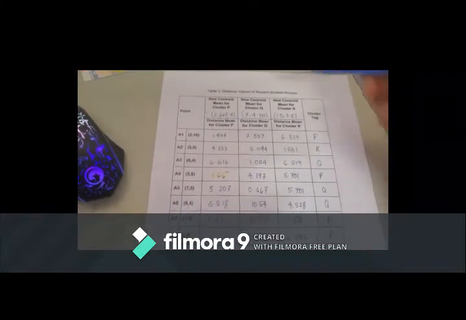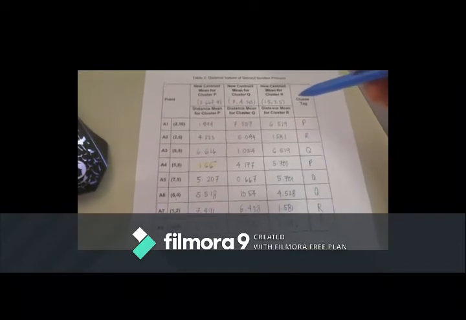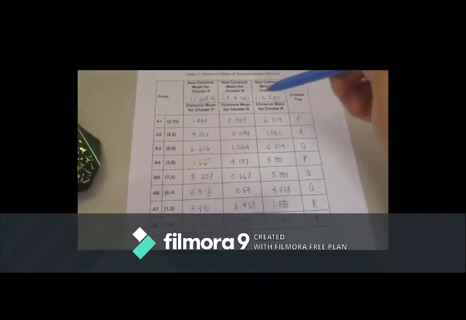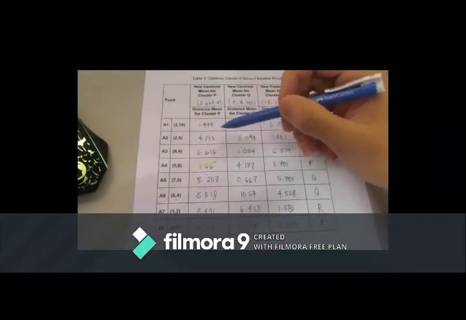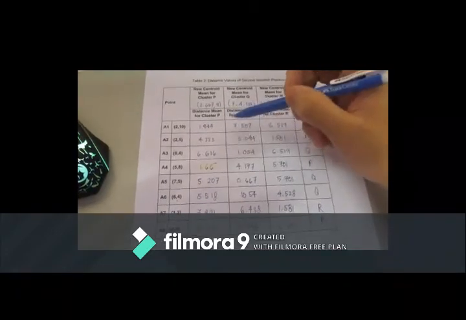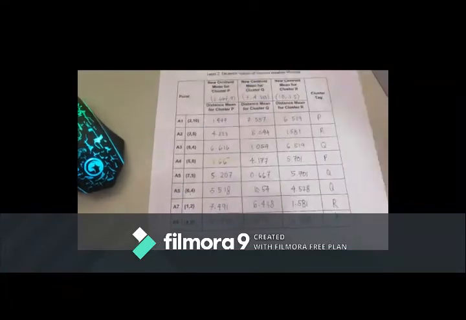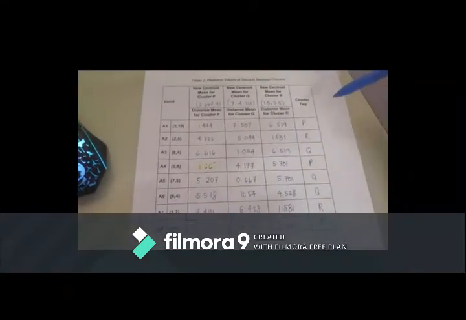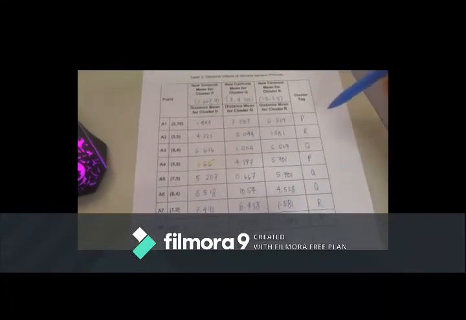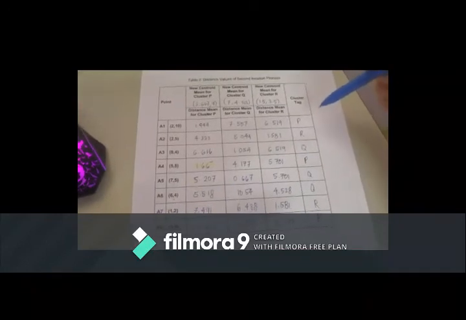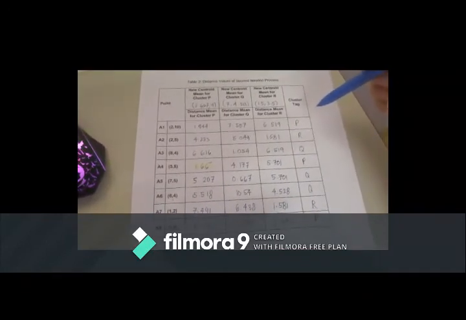And using the Euclidean distance formula, we find the new distance for every cluster and for every same point. And for cluster tag, we pick the smallest one, same as question 1A.